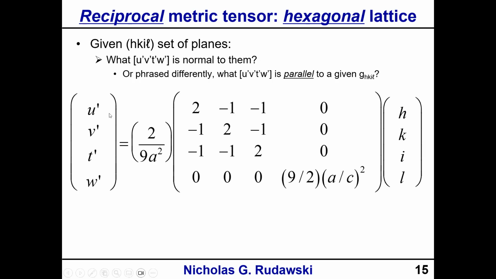And obviously you have this prefactor in front, which ends up basically canceling out anyway and not really needing to be considered. But that was put in there because that's what I remember copying from the textbook. But this is how we can go between them, if we need to know a direction that is normal to a set of planes, or a set of planes that has such and such as its normal direction.